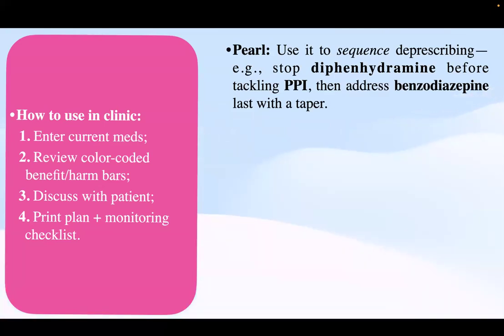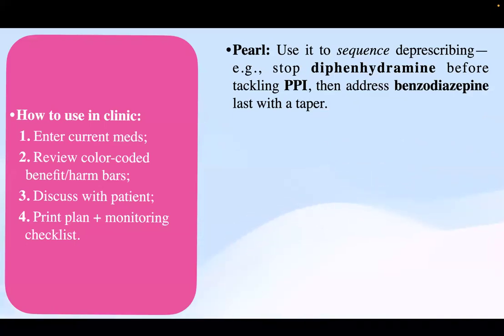Let me tell you what it means. Very interesting. First is stopping diphenhydramine. For example, stop diphenhydramine. It is a strong anticholinergic, everyone has an idea, and it can cause confusion and urinary retention in older adults. So it is a high priority, a red flag medicine to remove very quickly.